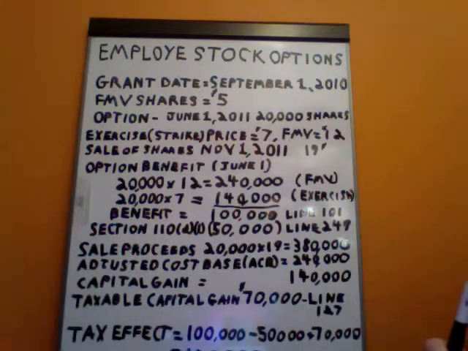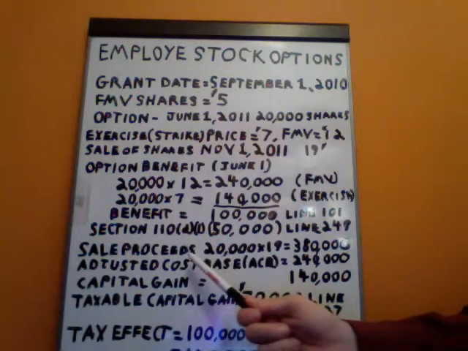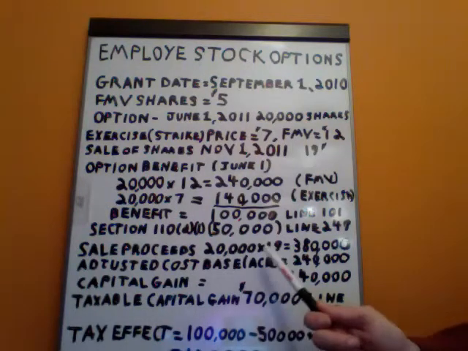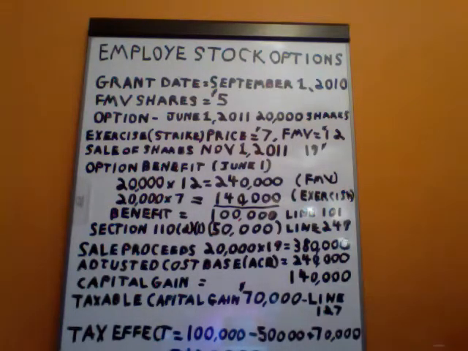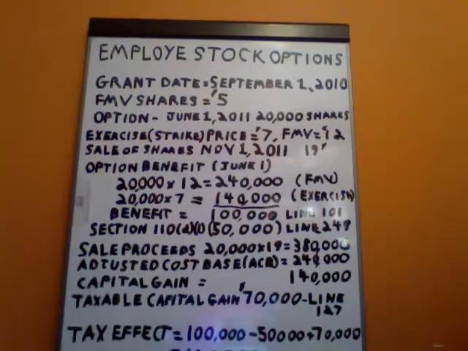Now we have to calculate the capital gain on the sale of these shares. He's going to sell these shares at $19, so 20,000 shares times $19 is $380,000. We deduct the adjusted cost base. Now, how do we get the adjusted cost base?